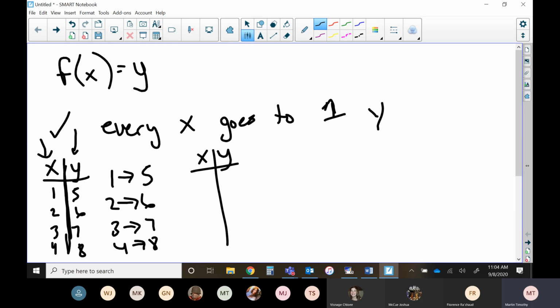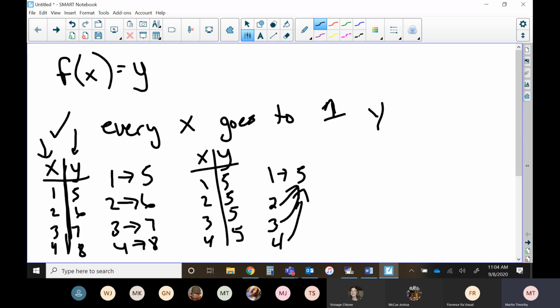Another ordered pair. These are charts, right? Is this a function? What does 1 go to? What does 2 go to? What does 3 go to? What does 4 go to? Does every input only go to 1 output?